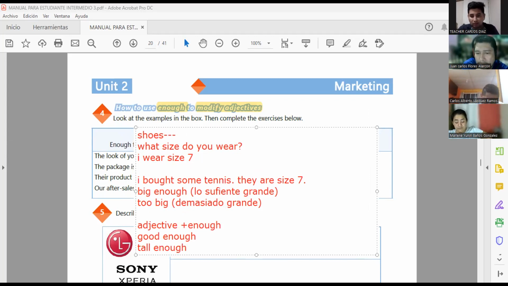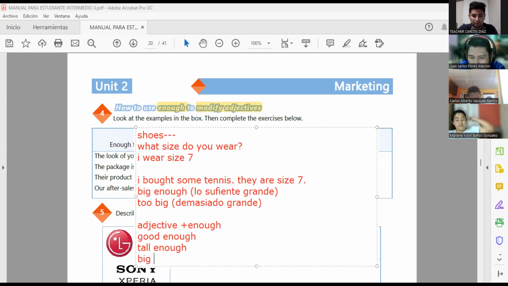Tall enough. Another one? Big enough. Short enough. Correct. Short enough. We can say that good enough, tall enough.